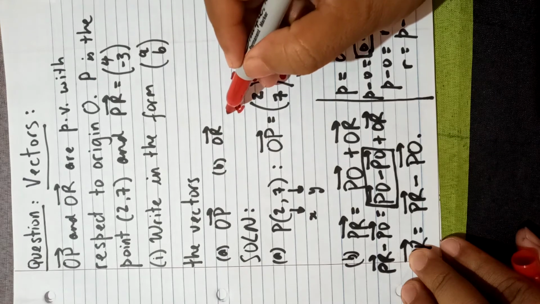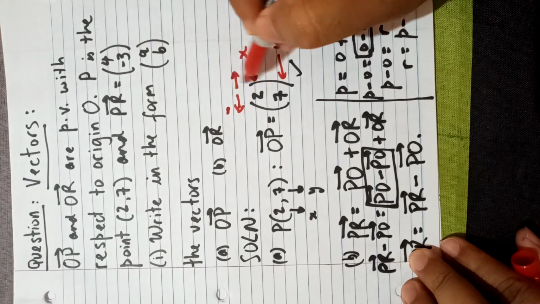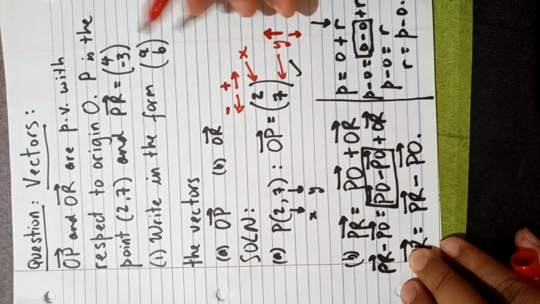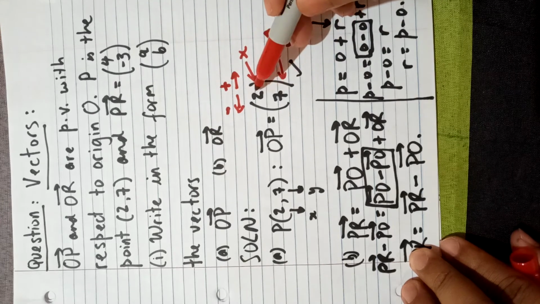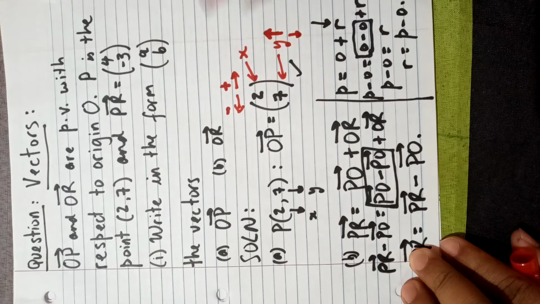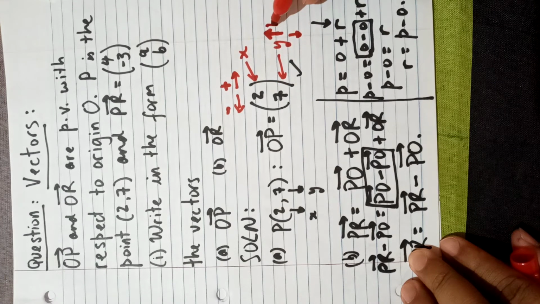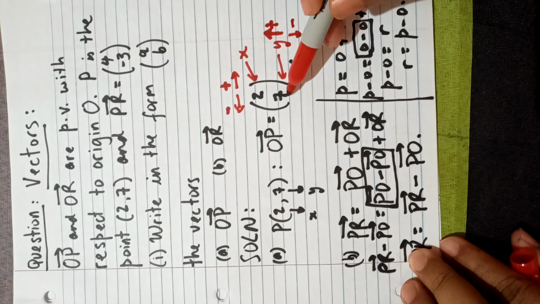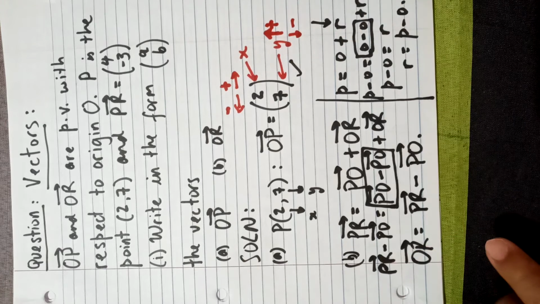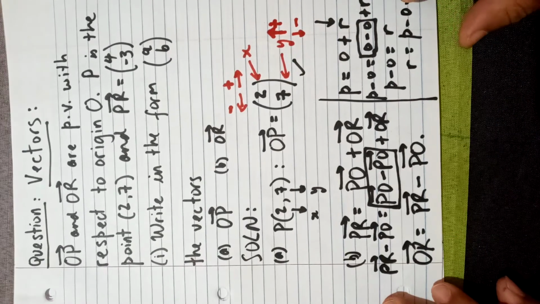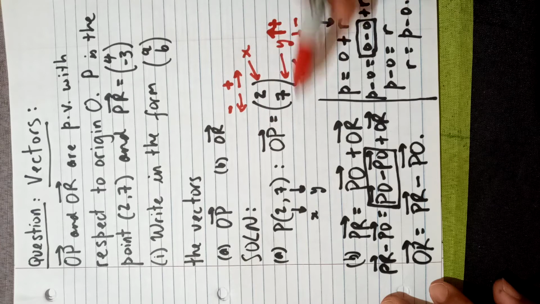If you go left, the number is negative. If you go right, the number is positive. So clearly this vector is going to go 2 places to the right, and this bottom number is positive, so it is going 7 places up. Alright, so this is the answer for the first part, OP.